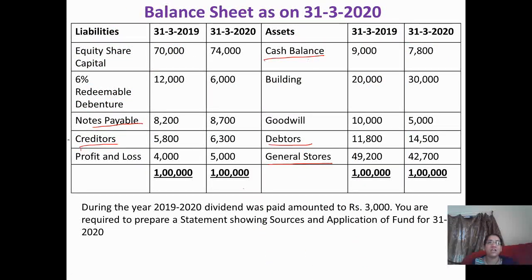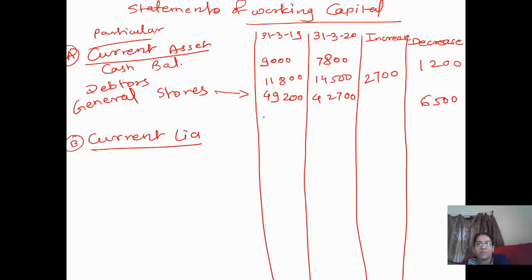On the liability side, these are our two current liabilities, note payable and creditors. First current liability was note payable, 8,200 and 8,700. So what is the difference between 8,200 and 8,700?